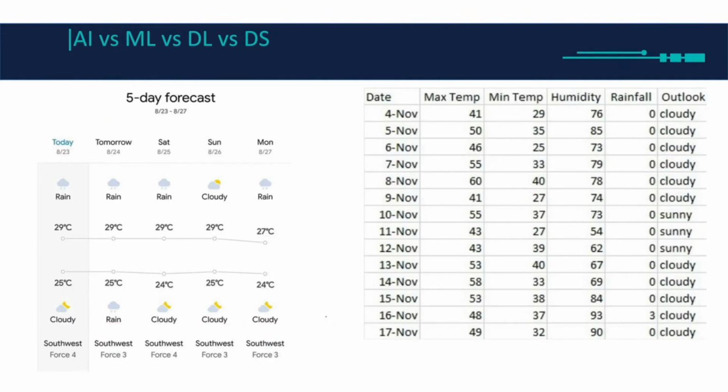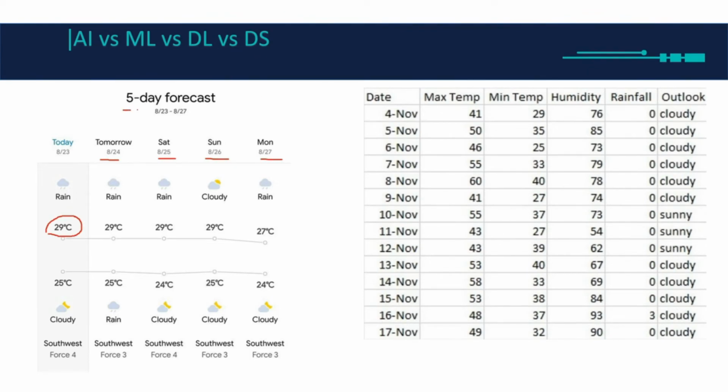Okay, let's take a real example. I'm pretty sure most of you have a smartphone. I'm pretty sure some of you are watching this course on a smartphone. And on a smartphone, we have something called the weather widget, which basically gives me the temperature for today, and for some reason, or I don't know how, it gives me tomorrow, and Saturday, Sunday, Monday, which means it's giving me the temperature for the 5-day forecast.